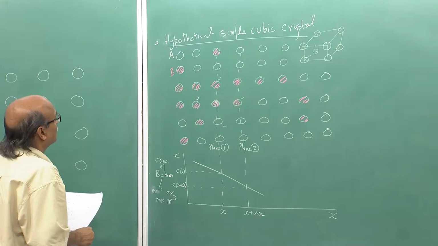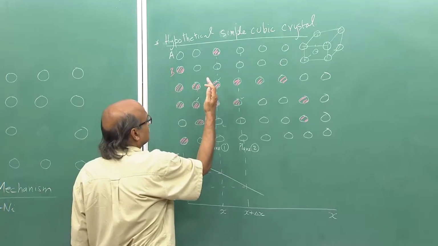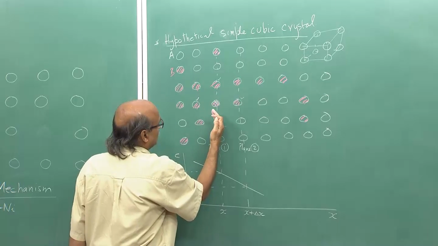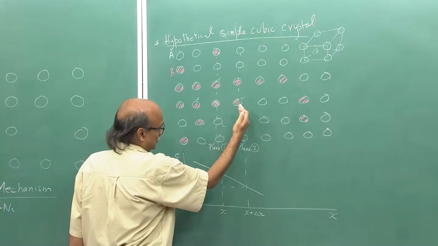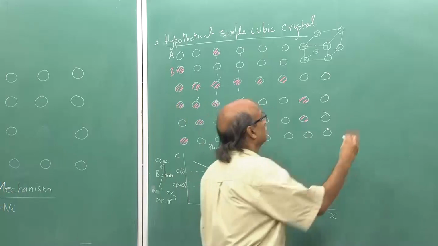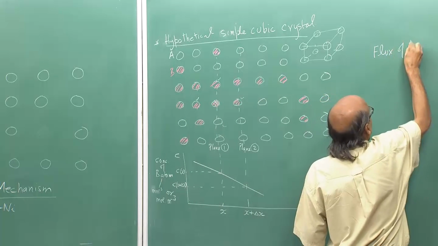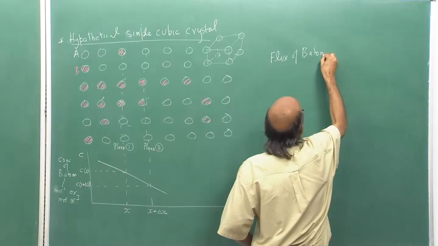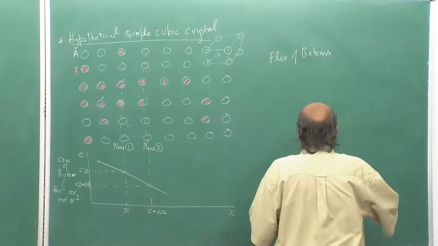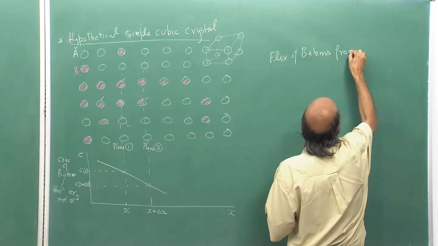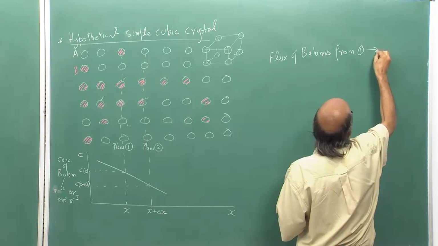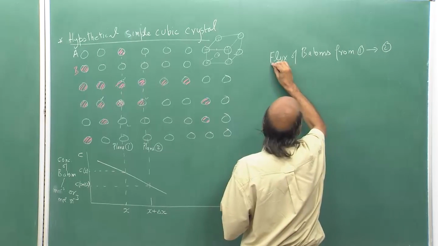Now, I want to find out overall what is the flux of B atoms jumping from plane 1 to plane 2.